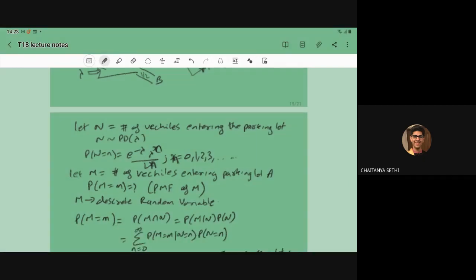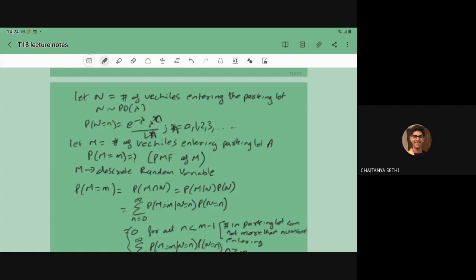Now another random variable M is given. M denotes the number of vehicles entering parking lot A. You have to determine its probability mass function. M is a discrete random variable.